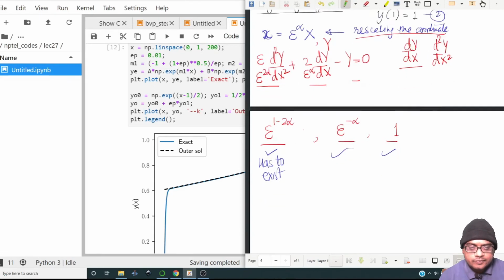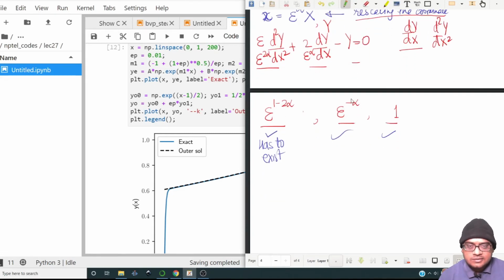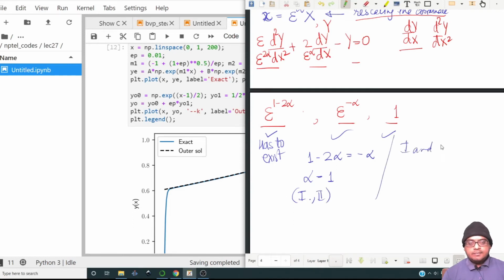Suppose it exists with the second term. Then 1 minus 2 alpha equals minus alpha, which yields alpha equal to 1. This is the balance of terms 1 and 2. The balance of 1 and 3 yields 1 minus 2 alpha equal to 0, which implies alpha equal to half.